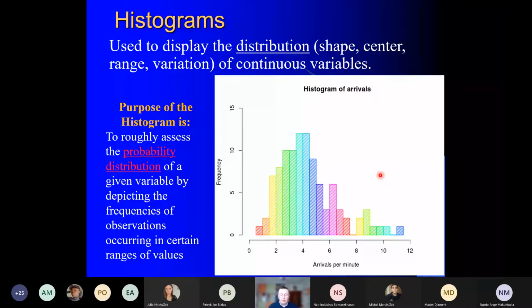And the most common replacement of the bar chart for continuous data is the histogram. The same role the bar chart plays for categorical data, the histogram plays for continuous or discrete data. It assesses the probability distribution of a given variable by describing the frequency of observations according to time range and values. Here we have arrivals per minute.